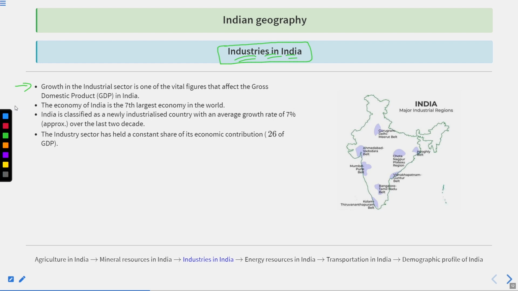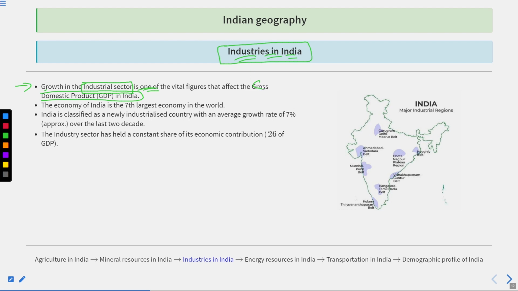So the growth of the industrial sector that India has witnessed in the past few decades is one of the vital figures that affects the GDP in India, gross domestic product, because this is an account of total goods and services produced in India during the particular financial year that starts from 1 April to 31st March.